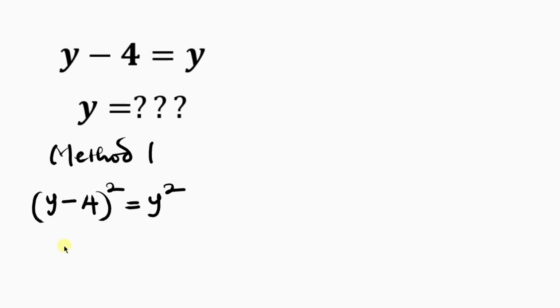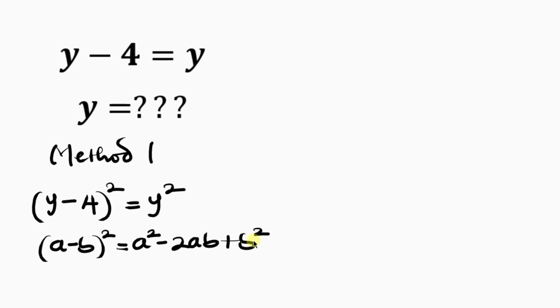Now the left hand side is of the form a minus b all squared, and this has an identity of a squared minus 2 times a times b plus b squared. Well, we can compare. Our a here represents y, and our b represents 4.